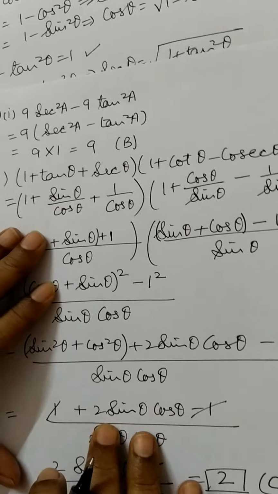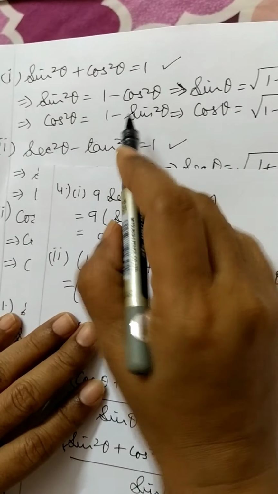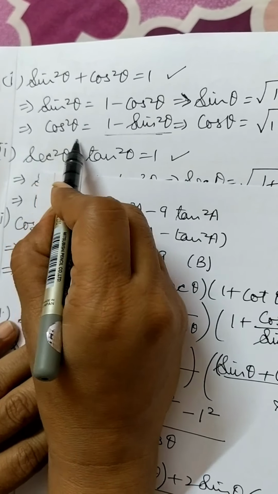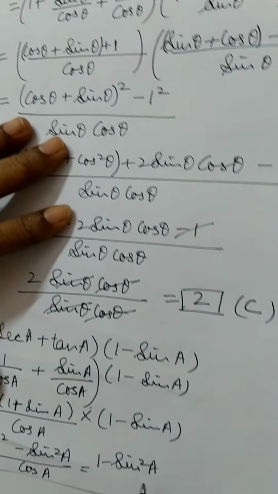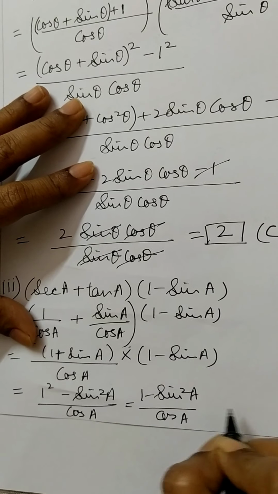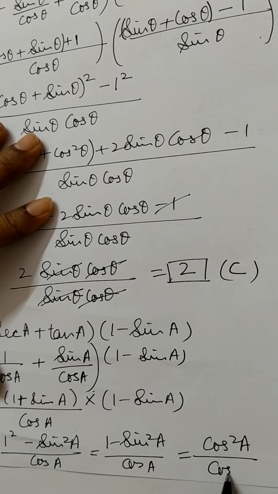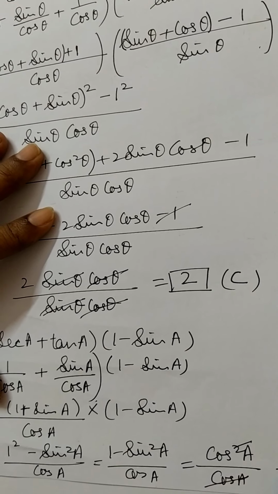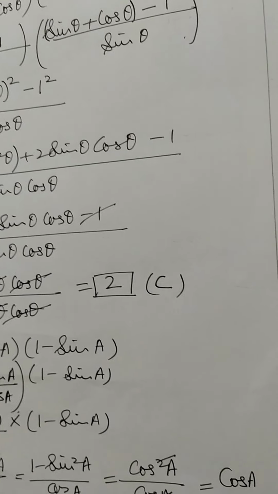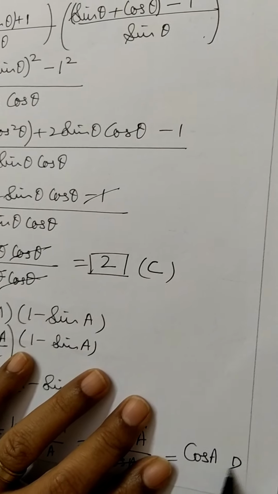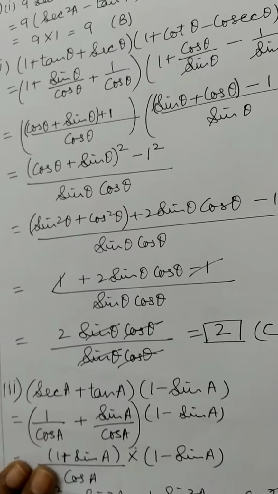Look at first identity. 1 minus sin square theta is cos square theta. So 1 minus sin square A will be cos square A upon cos A. So what we are getting? Cos A. So in third part D is the correct option.